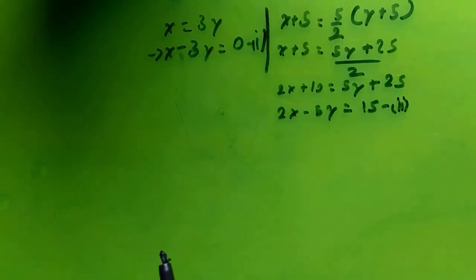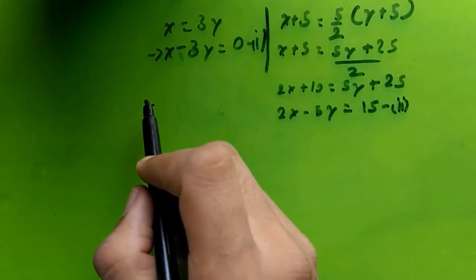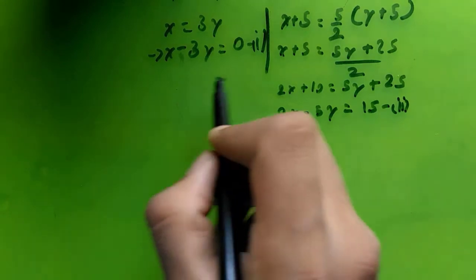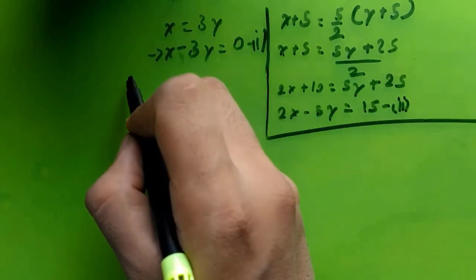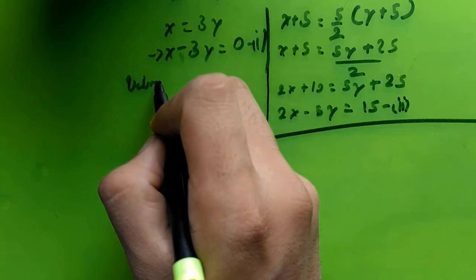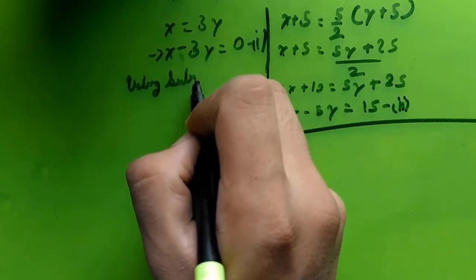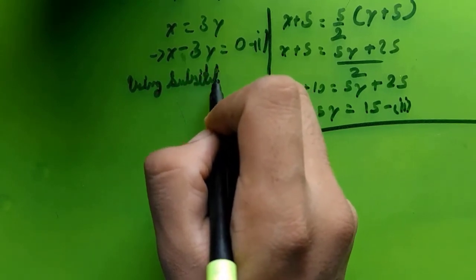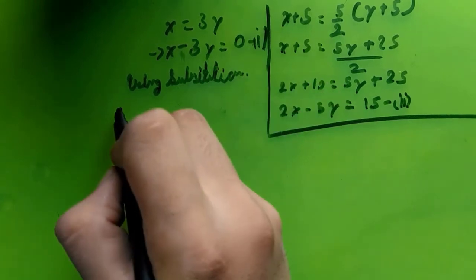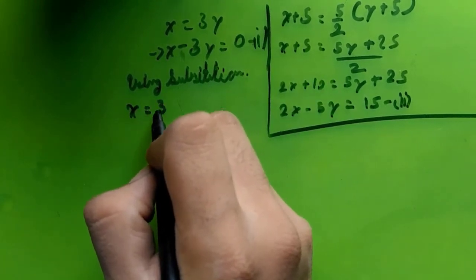Now solve these equations by the substitution method. Using substitution, x equal to 3y.